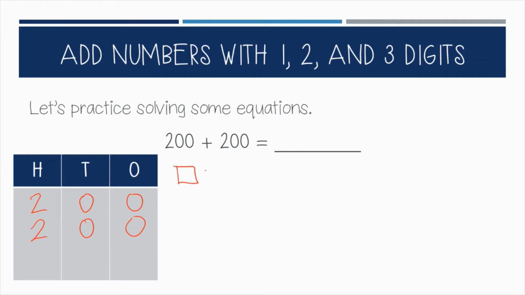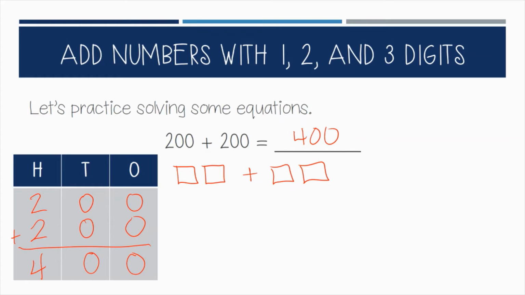And now if I draw that, I have 200 plus 200. So you can see that we have 0 in our ones, 0 in our tens, and then 200s plus 200s is equal to 400. So 200 plus 200 is 400.